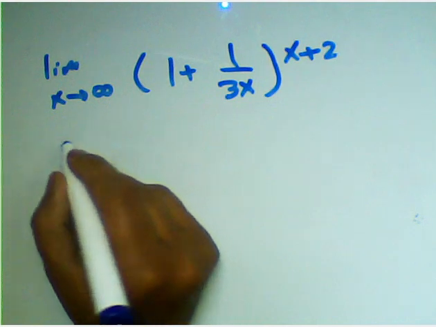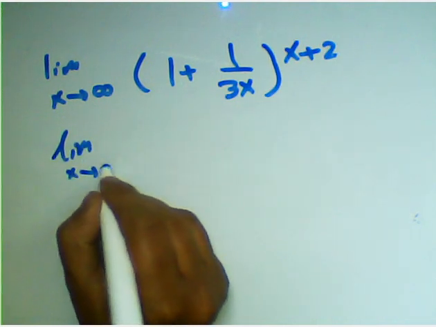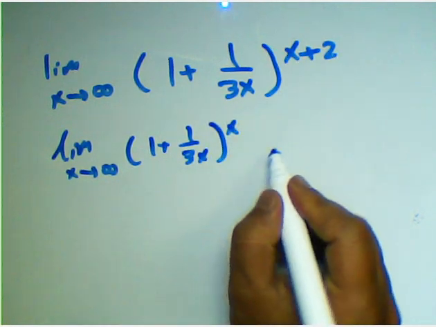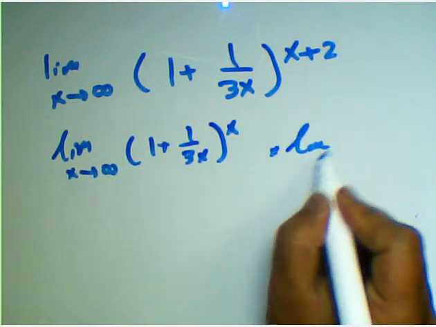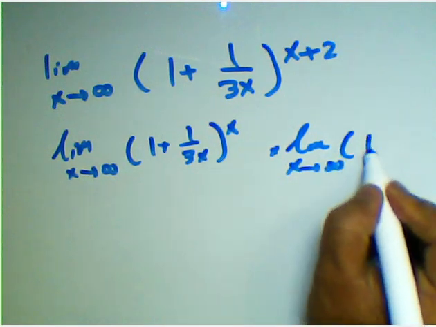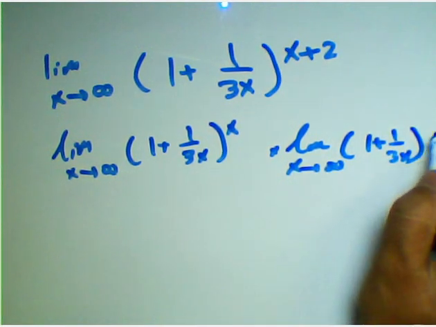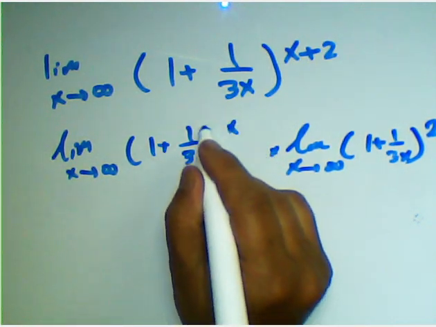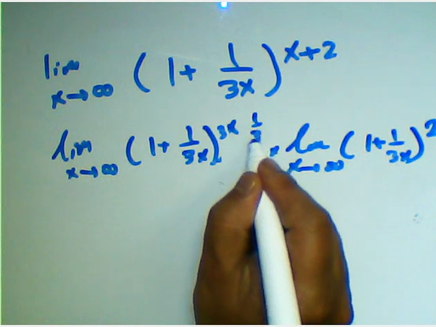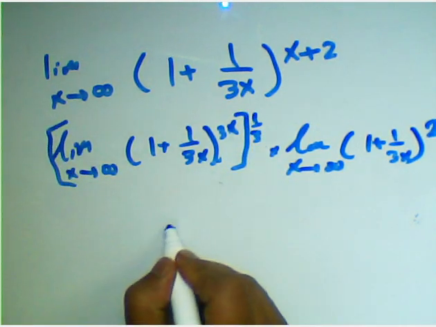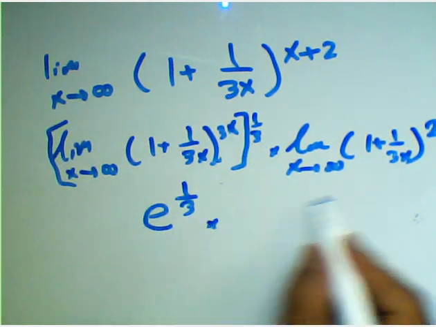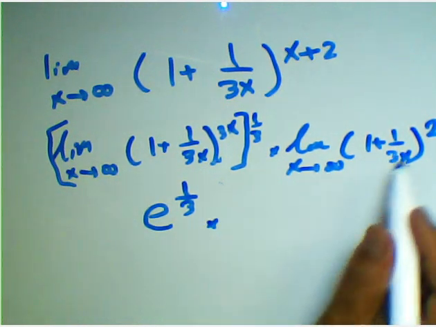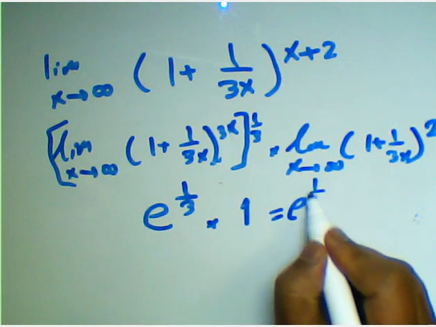You can write this limit as (1 + 1/(3x))^x, multiplied by the limit when x approaches infinity of the function (1 + 1/(3x))^2. This function we can multiply by 3 and divide by 3, and the result will be e^(1/3). Multiplied here, the result will be 1, because 1 over infinity equals 0, 0 plus 1 equals 1, 1 to the power 2 equals 1. The result will be e^(1/3).